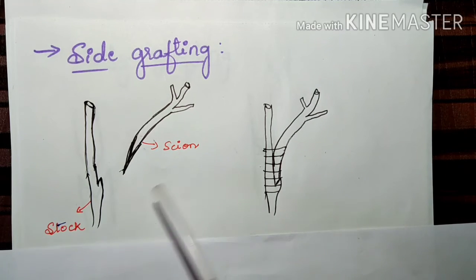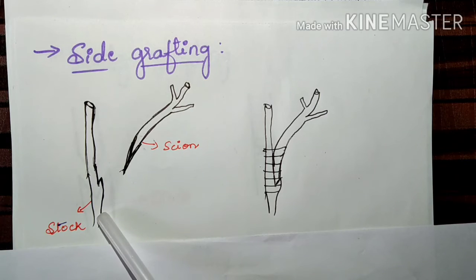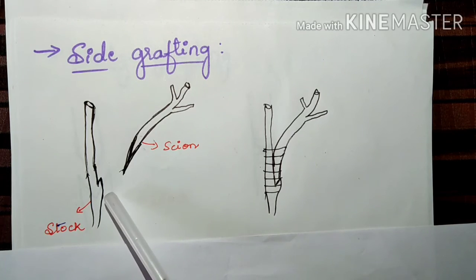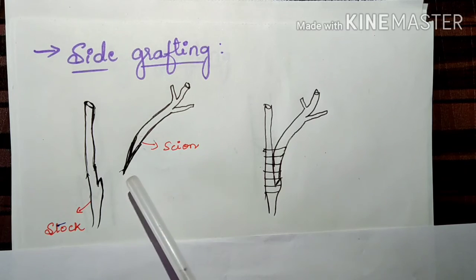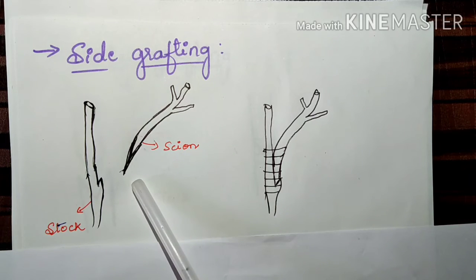You can see here the stalk has more diameter than the scion, so scions can be inserted in that region. Examples of plants propagated by grafting are mango, roses, apple, rubber, citrus, pear, plum and peach.